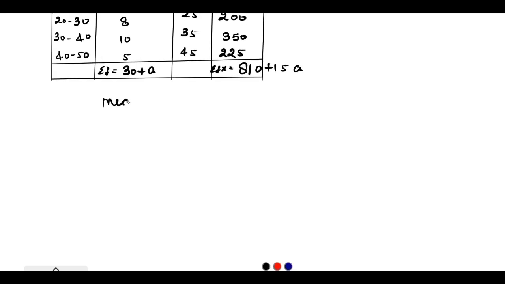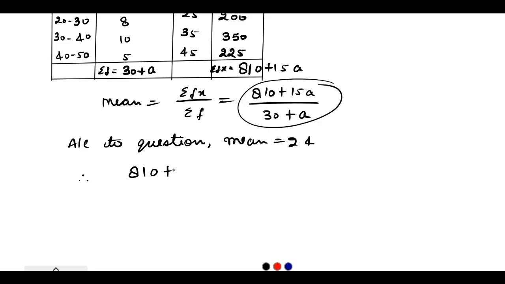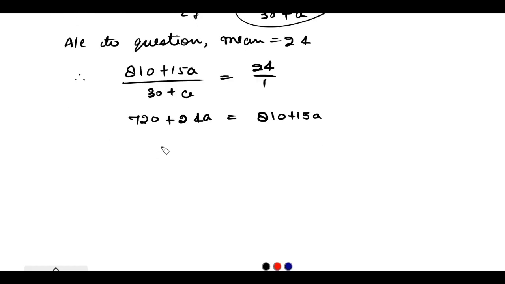Now mean is equal to summation fx divided by summation f, means 810 plus 15a divided by 30 plus a, and according to the question mean is equal to 24. It means this expression is equal to 24. Now find the value of a. A is equal to 10.